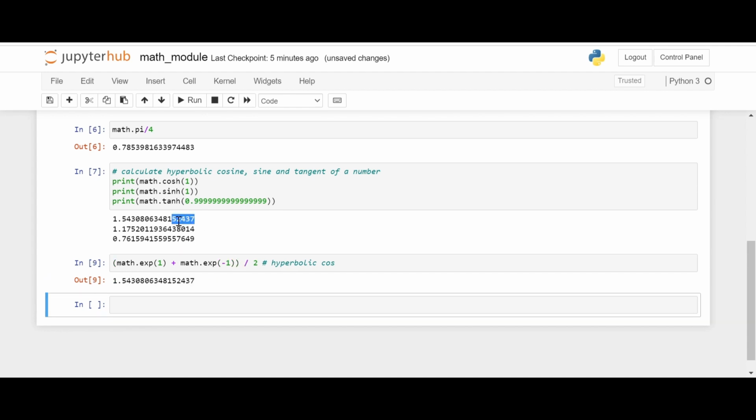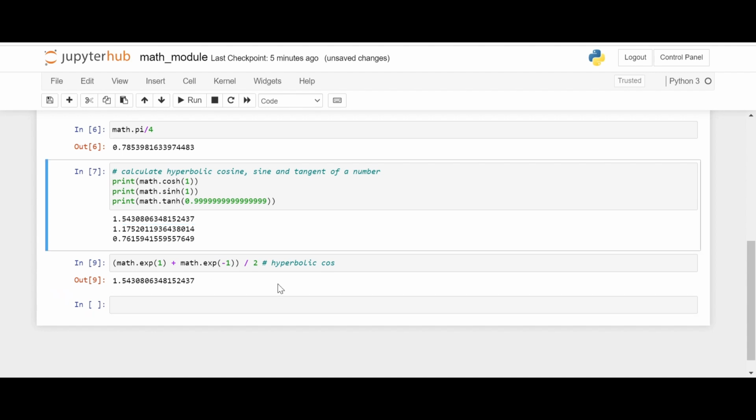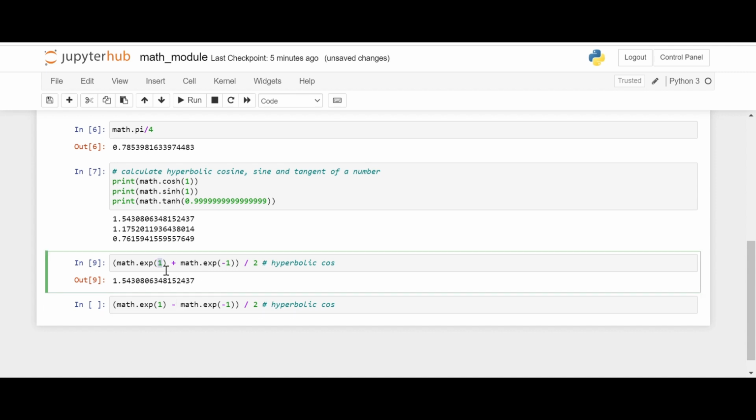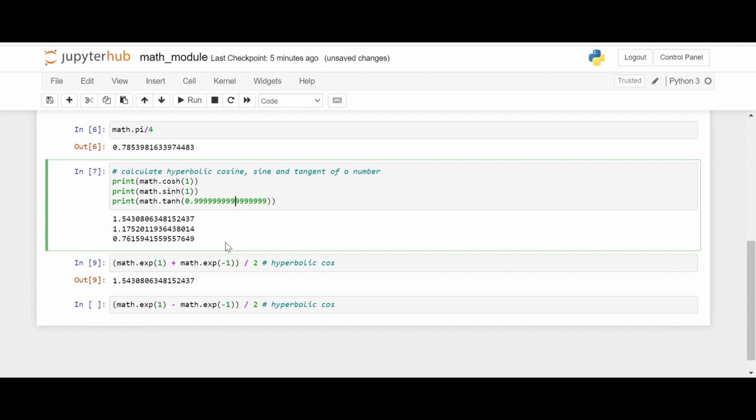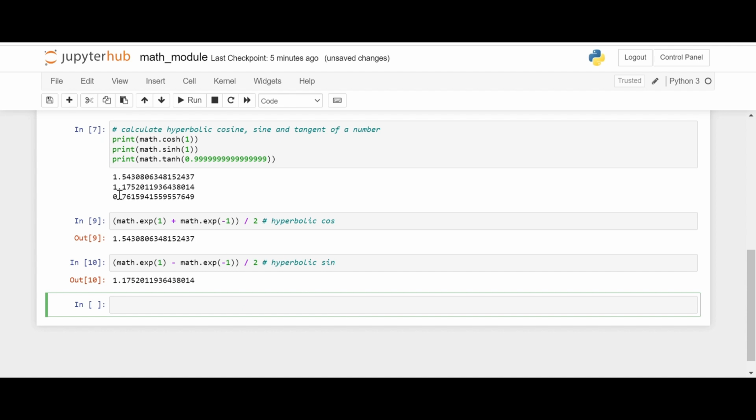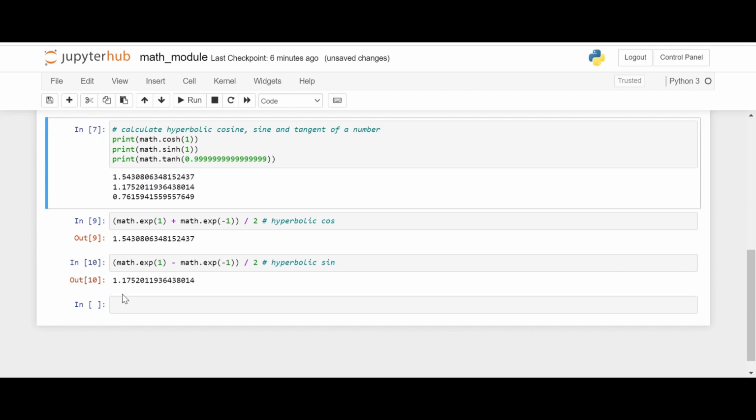So you get the same value like this one. For sine, the formula is similar, just we have to replace this plus and provide minus. So this one is basically this one. Okay, so this will be hyperbolic sine. Sine, I think same with this one.